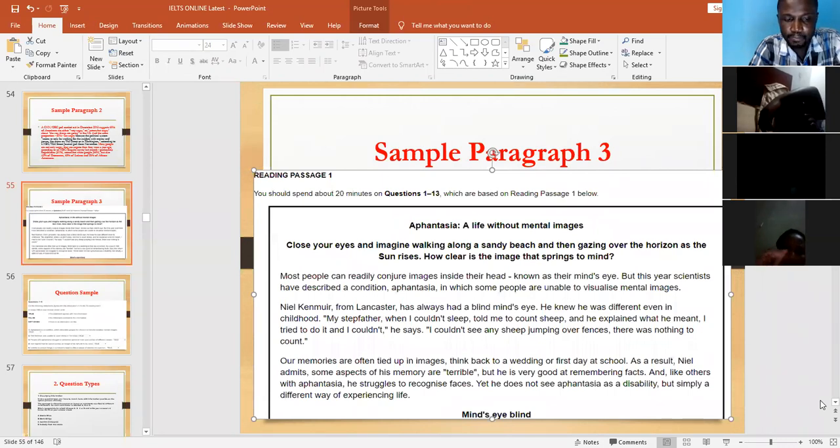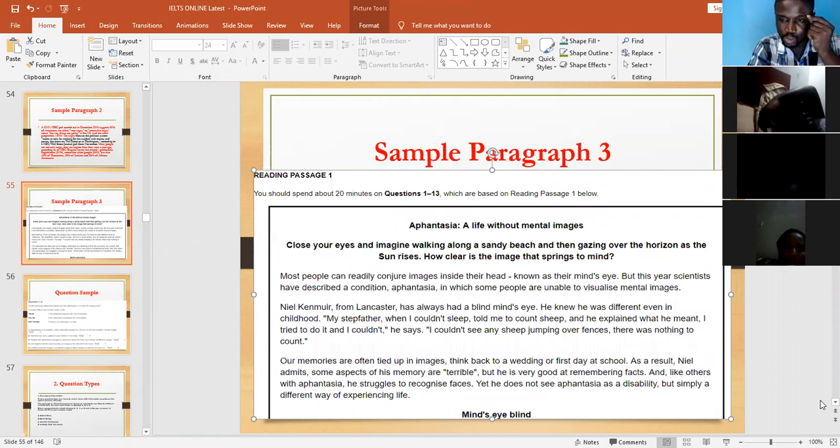Most people can readily conjure images inside their head, known as their mind's eye. But this year, scientists have described a condition, aphantasia, in which some people are unable to visualize mental images.